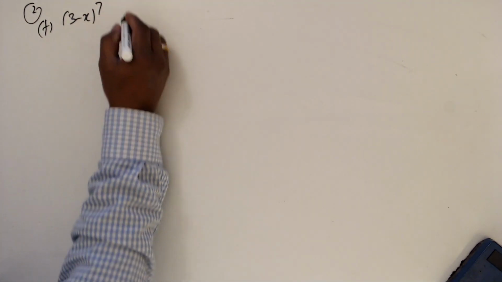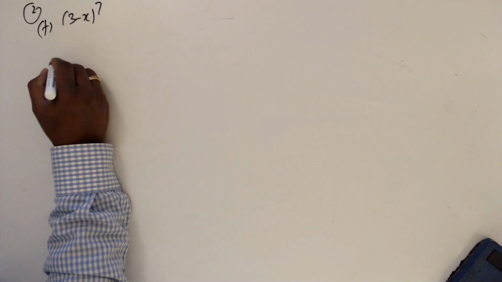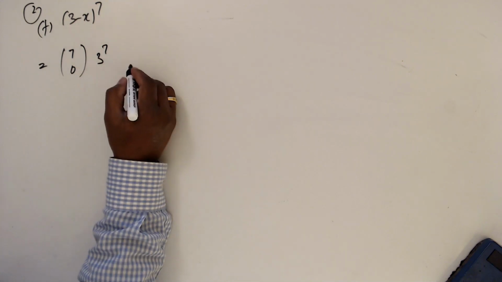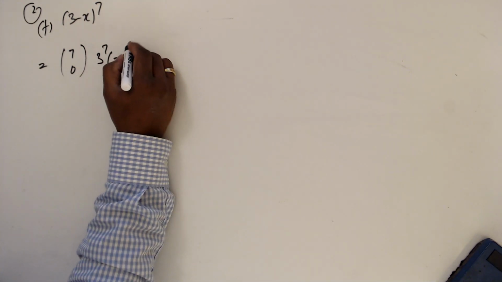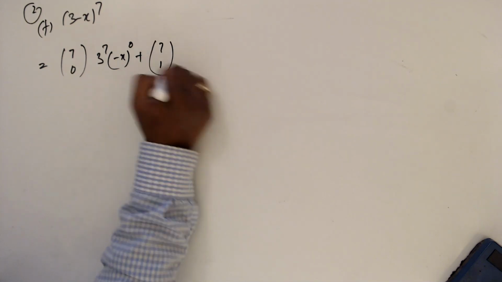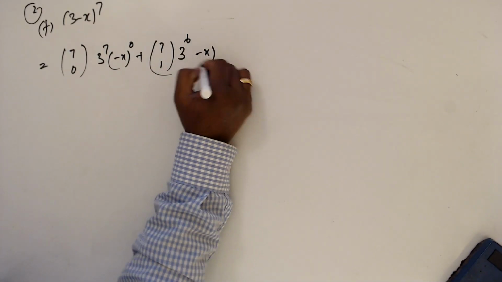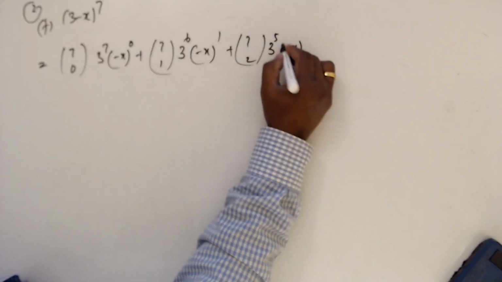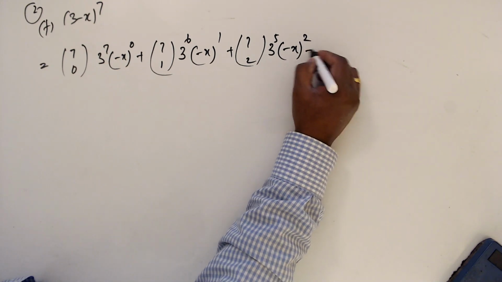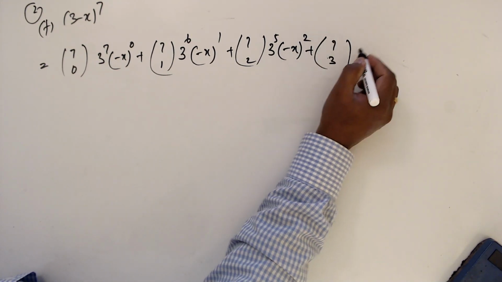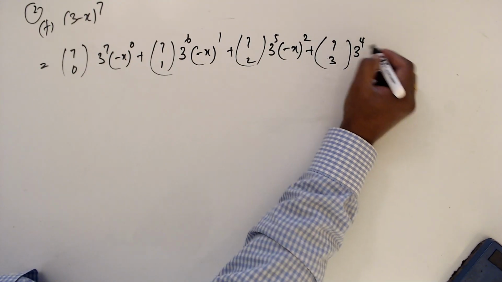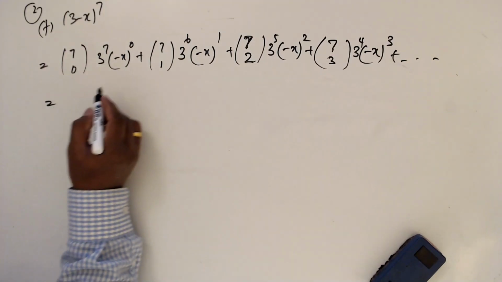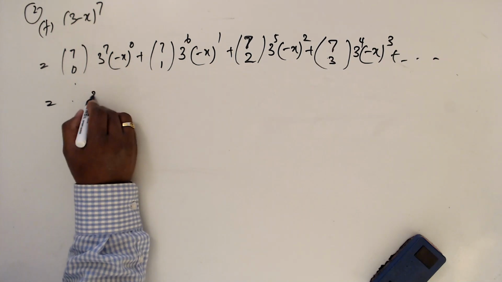Next, (3 minus x)^7. 7C0 times 3^7, 7C1 times 3^6 times minus x, 7C2 times 3^5 times (minus x) square, and 7C3 times 3^4 times (minus x) cube. Now this is going to be 1 and 3^7.